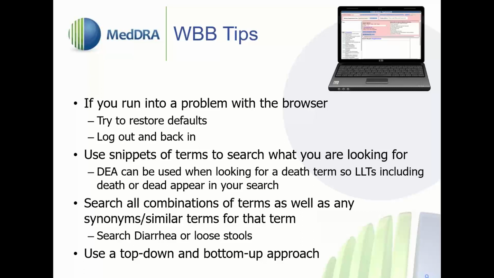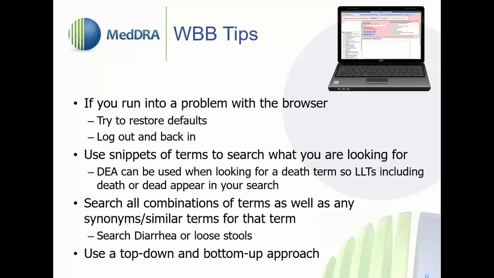And then sometimes you get a lot more than you're looking for. However, I always feel it's better to have more in your search than not enough. You could also search all combinations of terms, as well as any synonyms or similar terms. So while you're searching, search diarrhea or search loose stools. Don't just do one, maybe do both and see what pops up.